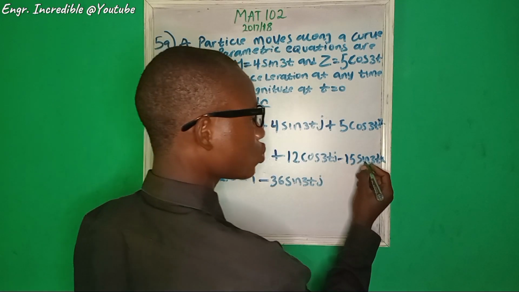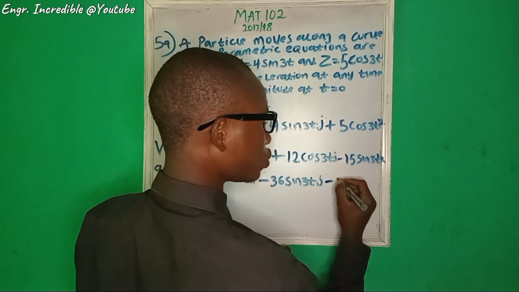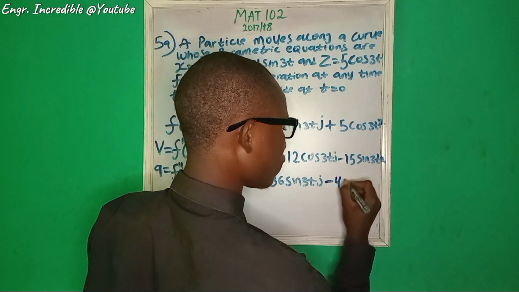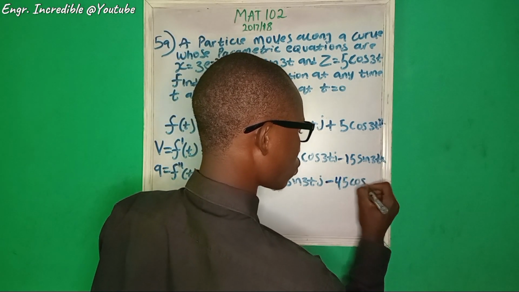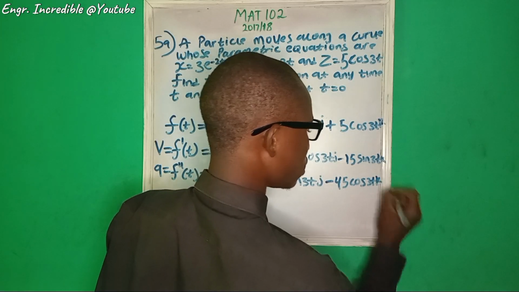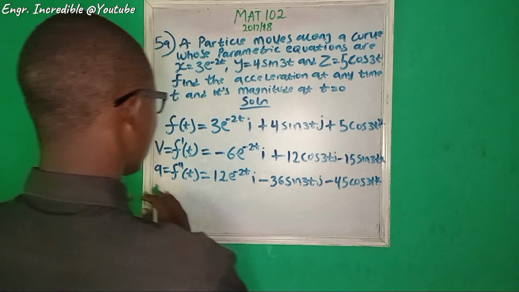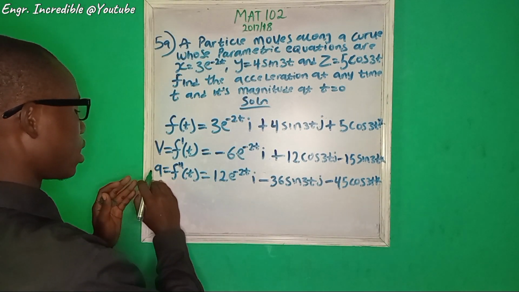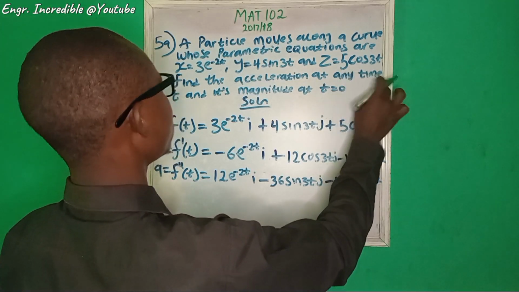Then the differentiation of sine, that is minus 3 times 15, that is 45 cos 3t k. So now we have gotten our acceleration at any time t.